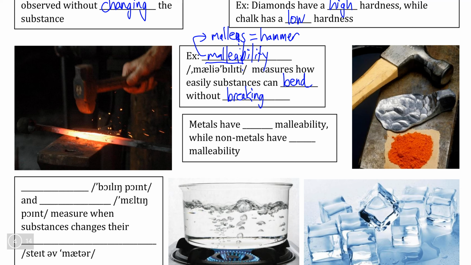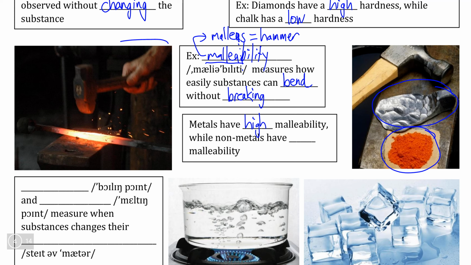And here we see a big difference between metallic substances and non-metallic substances. So metals are said to have a very high malleability because they don't break. Instead, they can get flattened and even shaped into different shapes because of their high malleability.